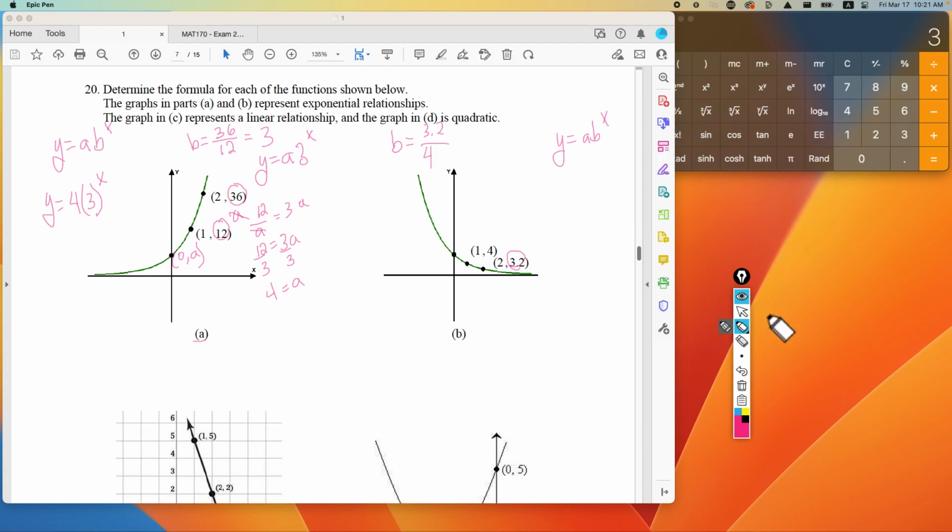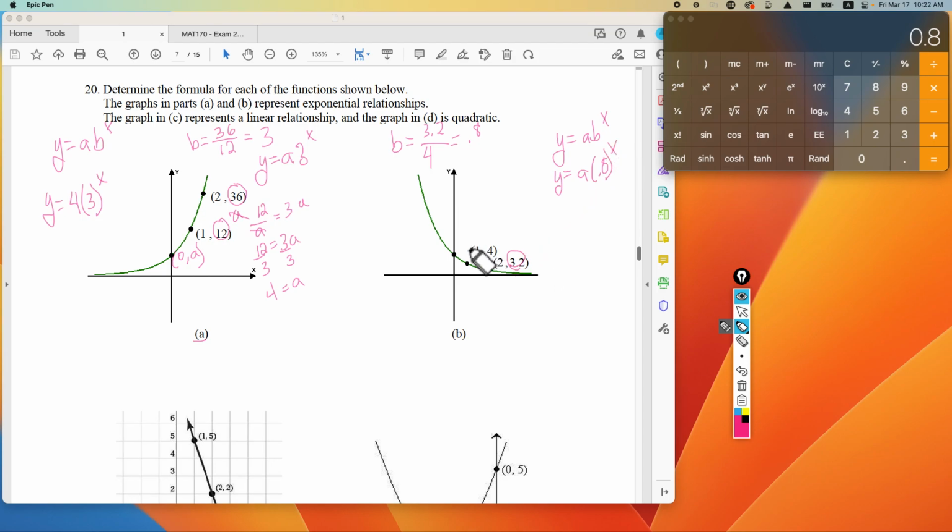And so to do that, we'll use our calculator. 3.2 divided by 4, and it's 0.8. It's less than 1 because it's a decreasing exponential. So this is equal to 0.8. So far we know our equation is y equals a times 0.8 to the x.